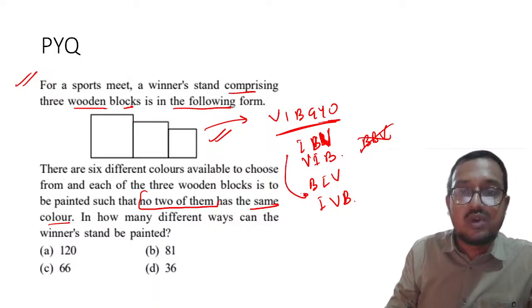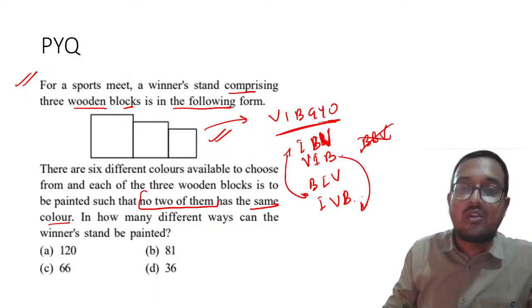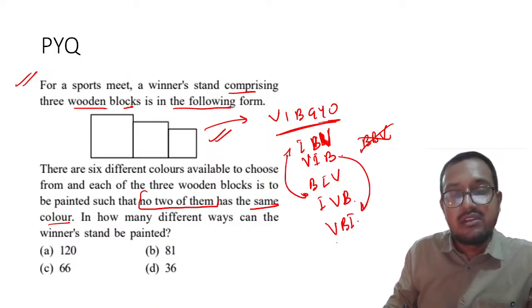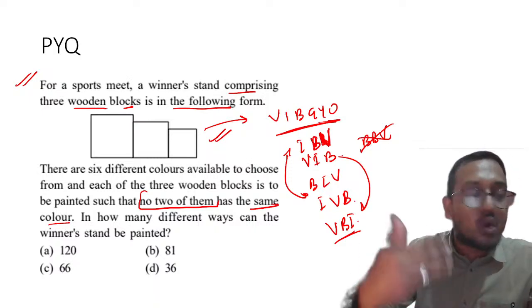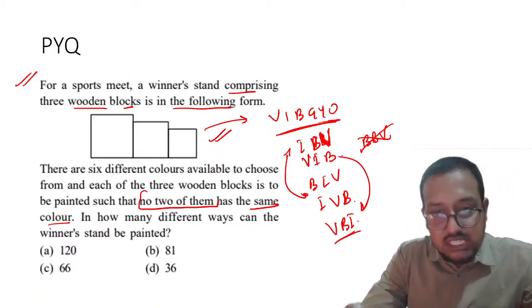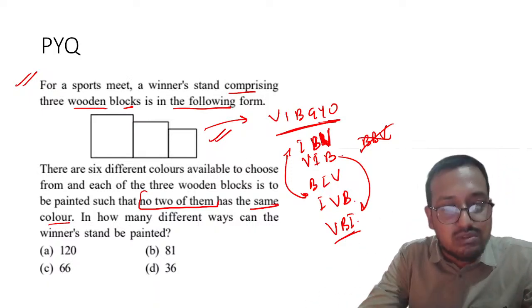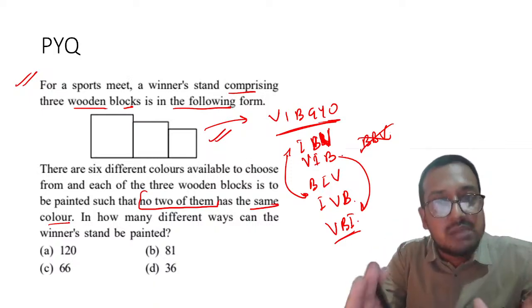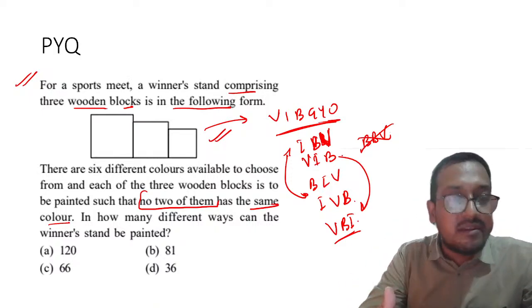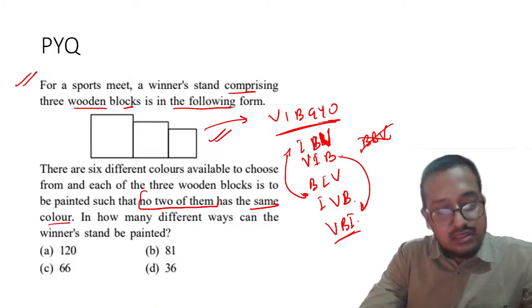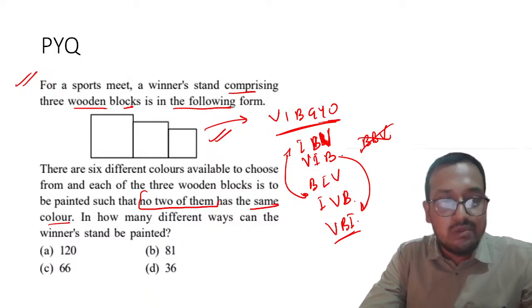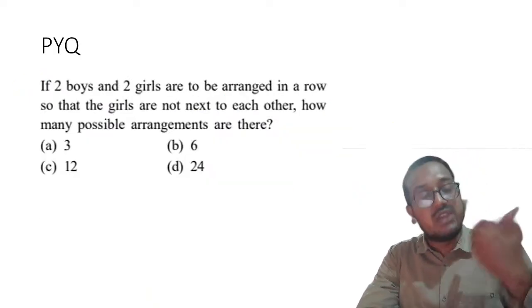So these two are possible. I can also write it as VBI. So this way, there will be six combinations, right? Not six. Six is not the answer. Don't worry, I will tell how to solve this. But yeah, I hope I gave you some insight into what is being asked and how to tackle these kinds of questions. Understood? So this is one question which we are going to see.